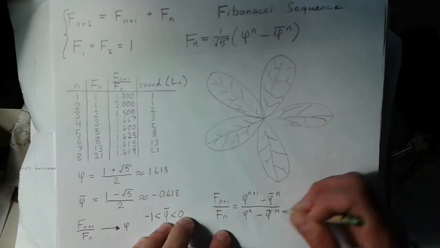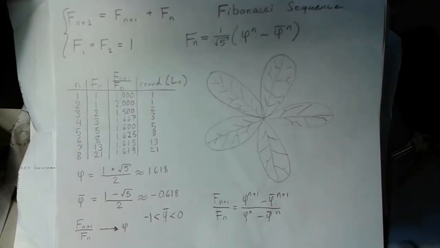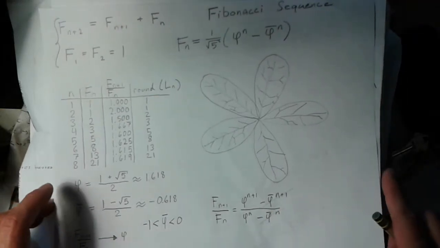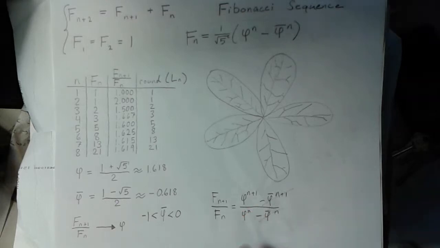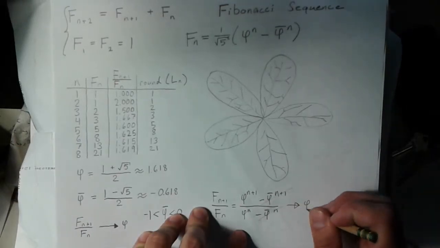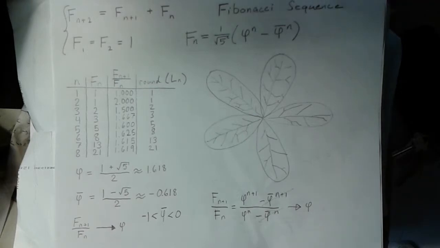And on the bottom you have this. So as n approaches infinity, these are going to cancel out, and so you're just going to be left with golden ratio to the n plus 1 over golden ratio to the n, and so then the golden ratio to the n cancels out, and then you see that this is just going to end up being the golden ratio as n approaches infinity.